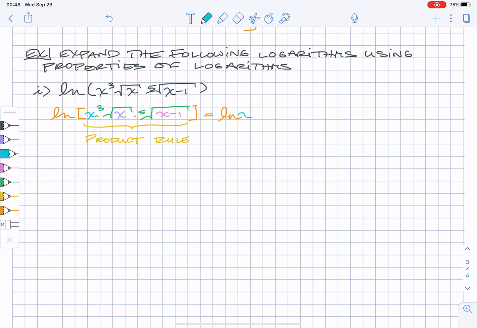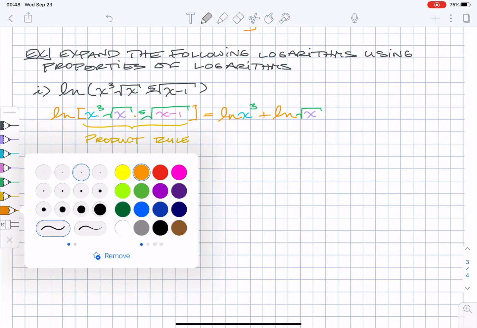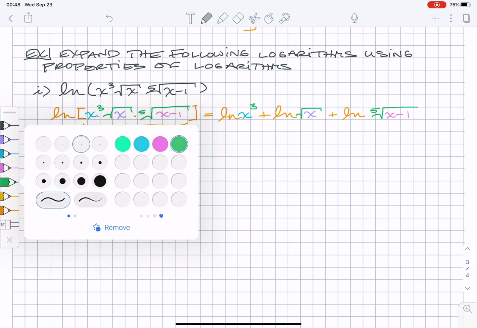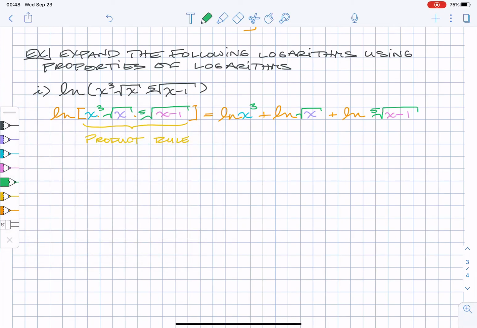So this will be natural log of the first term of the product, to which I will add natural log of the second factor of the product, to which I will add natural log of the third factor in this product, namely the fifth root of the quantity x minus 1. Okay, so that's the product rule in action there.